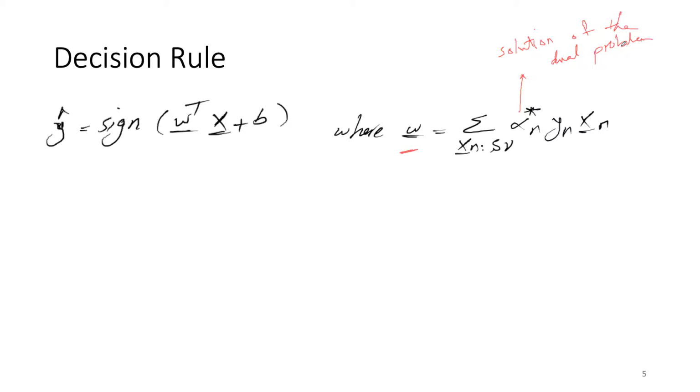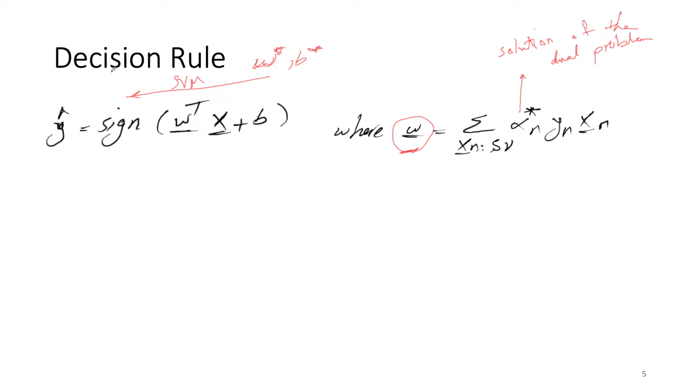So in the previous slide, if you use a QP solver and you find the alphas, using that alpha star, now you can compute the W here, right? And using W and the other constraint, you can find b. When you have W star and b, you have the answer to your SVM's maximum margin decision rule, right?